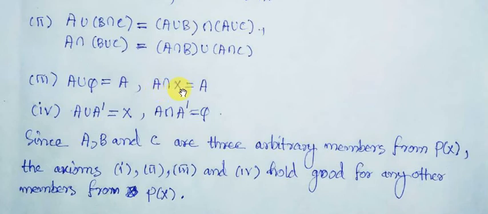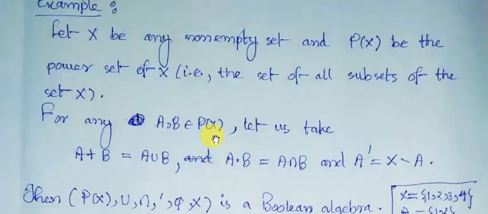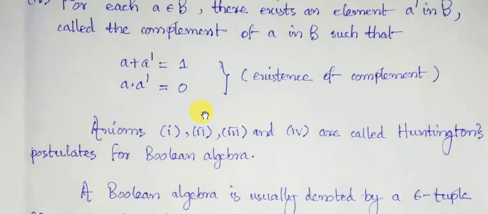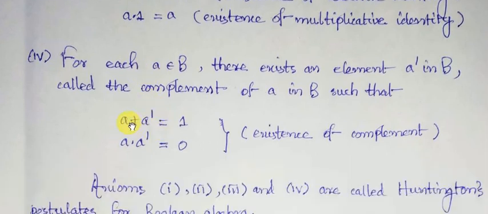And the fourth one, for the Huntington's postulates, the fourth property was in case of addition, that means here A plus A complement will be the multiplicative identity.